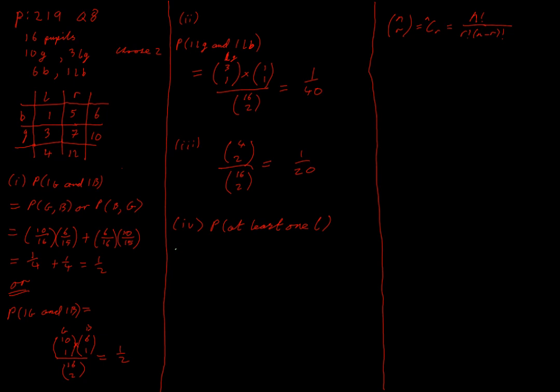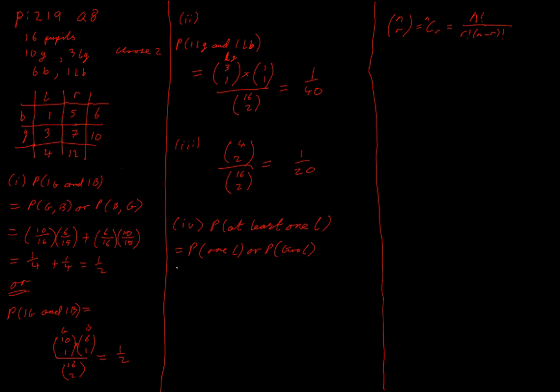Now, what could that mean? That could mean probability of one left-handed person, or probability of 2 left-handed people. And you could calculate those 2 out and add them up.